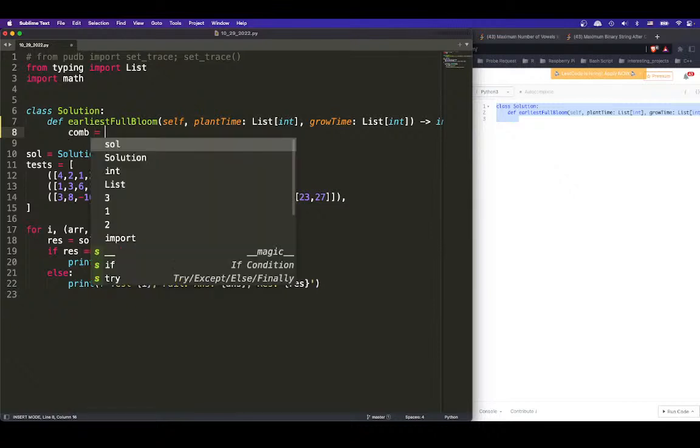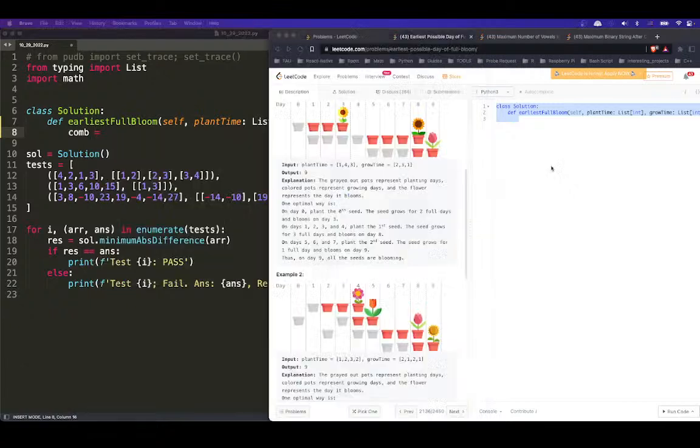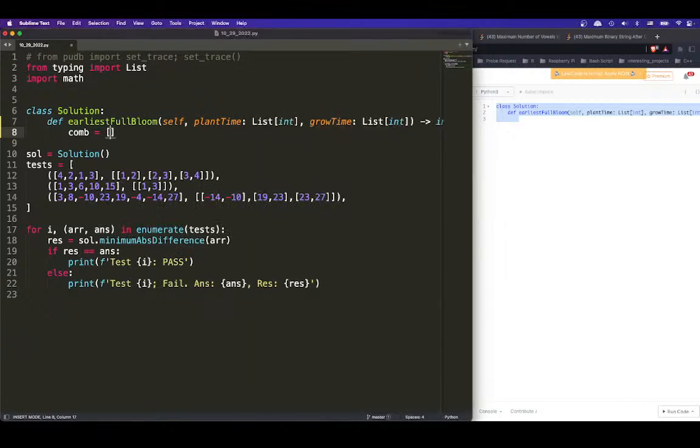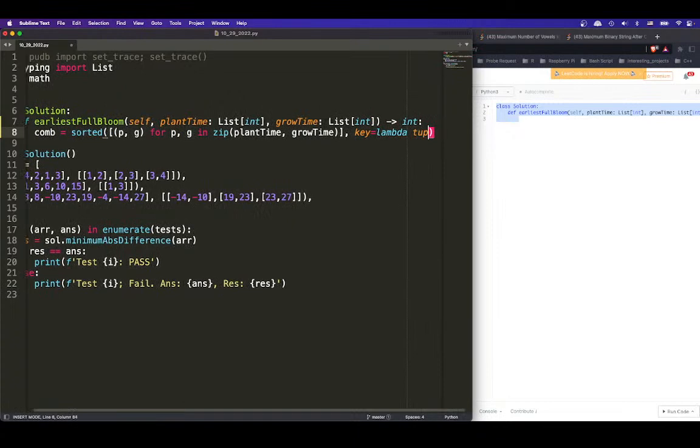So combined shall equal to, what do I want? I want plant time and a growth time, right? So for p, g in zip of plant time and growth time, I want a pg. And I want to sort this, key equals lambda tuple.